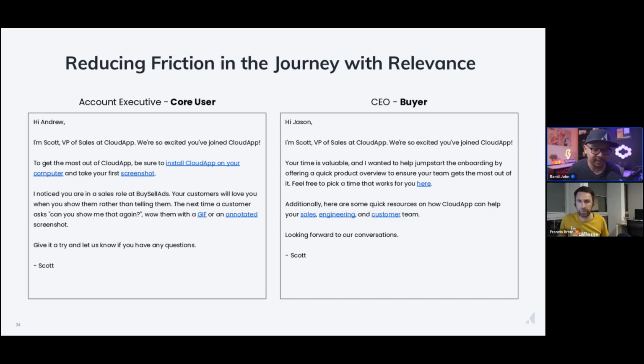That makes sense. There's also another great example of a core user versus a buyer. A buyer might want more of a sales touch approach where they're shown the ROI and stuff like that, versus a core user who might want to self-educate. I know I'm generalizing, but that's what we found: buyers are like, just show me the money, man, versus core users who are like, let me self-educate and learn how to use this.